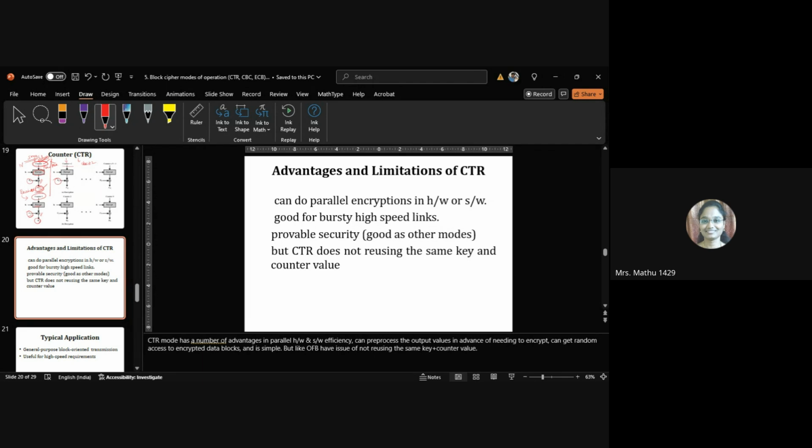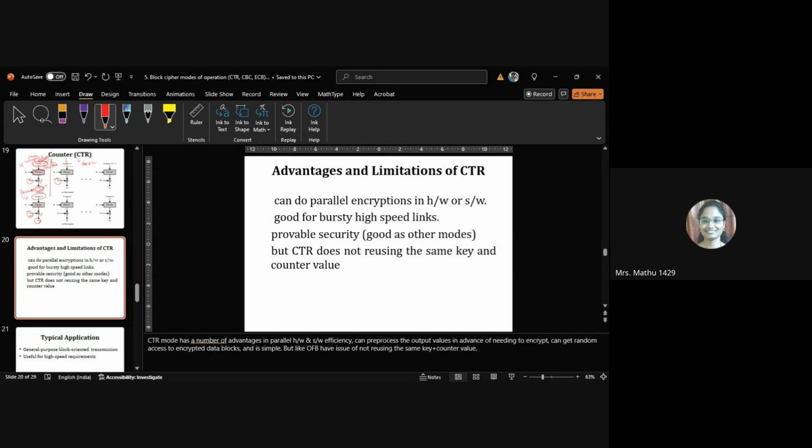But here you must not reuse the same key and counter value. The counter value should be a nonce value. If you are using this counter value for one message, it should not be used for the next message also.